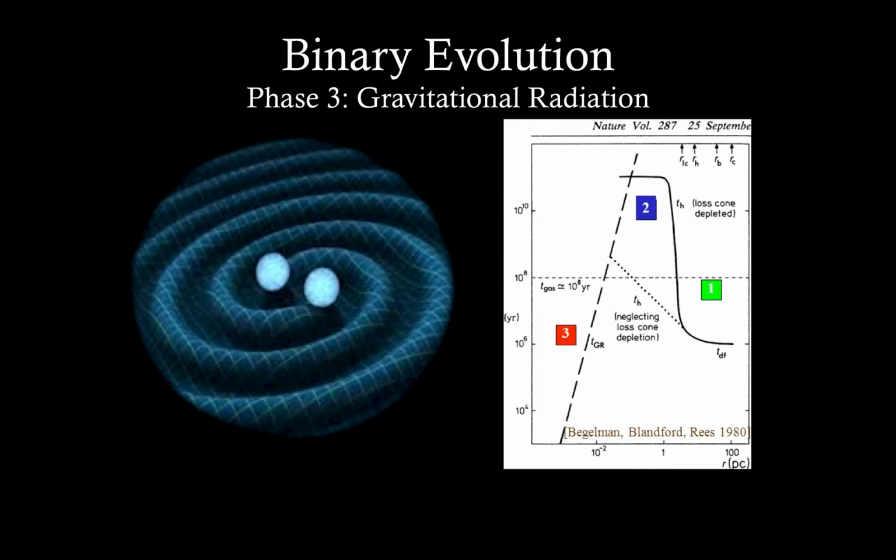However, if we neglect loss cone depletion, or we assume that the loss cone gets refilled through other mechanisms, which might be some kind of triaxiality in the galaxy itself, or some other kind of non-uniformity in the stellar densities that allow those trajectories to be constantly refilled, then the binary evolves relatively quickly from the dynamical friction time down to where gravitational waves become the dominant form of evolution.